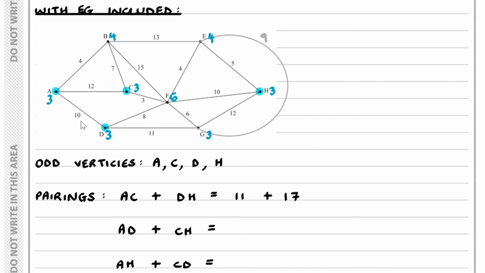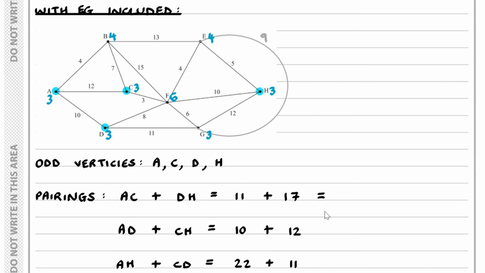A to D, well, that's just 10. And then C to H, we're going from here to here. So the quickest way of getting there is 3 plus 4 plus 5, which is 12. And then A to H, we know that's 22. And then C to D, that will be 3 plus the 8, which is 11.